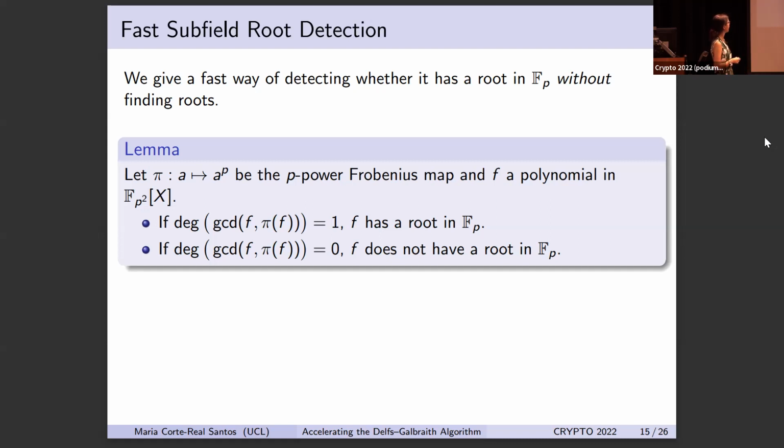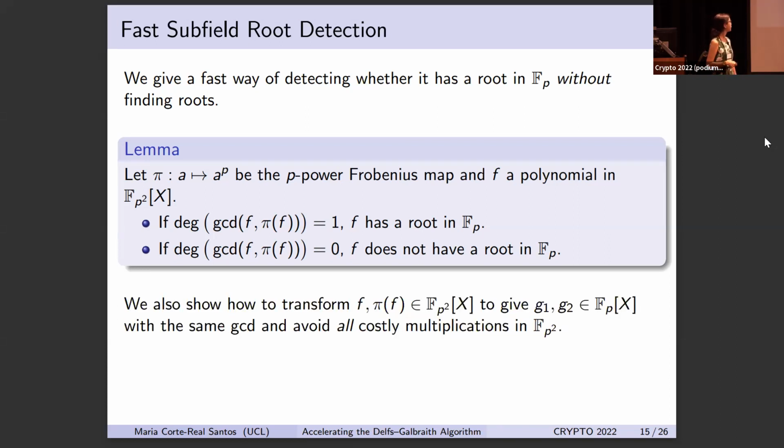Then if you take the GCD of f and this map applied to f, it will have degree 1 if f has a root in FP, and it will have degree 0 if f does not have a root in FP. And you might be wondering, what if the degree is bigger than 1? In our application of this, that only happens negligibly often, and so we can discard this case and not worry about it. In fact, we discuss in the paper that if that is the case, it's actually sort of a win for the cryptanalyst. But we discard the case when the degree is bigger than 1 because it happens negligibly often.